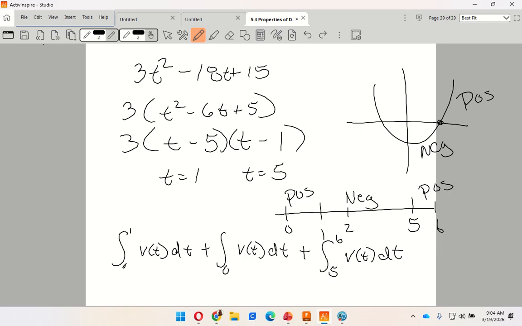Yeah, 0 to 6. Absolute value, that one. Not 0 to 6. That one is 1 to 5. Sorry. 1 to 5. You could just absolute value that piece.